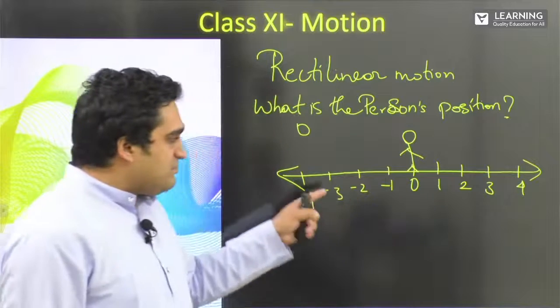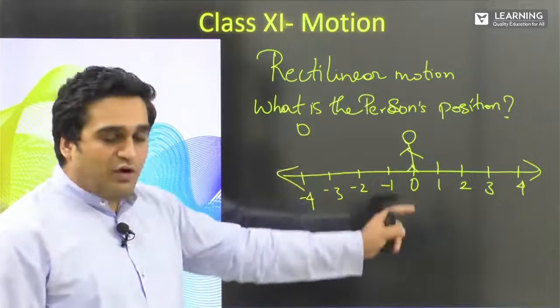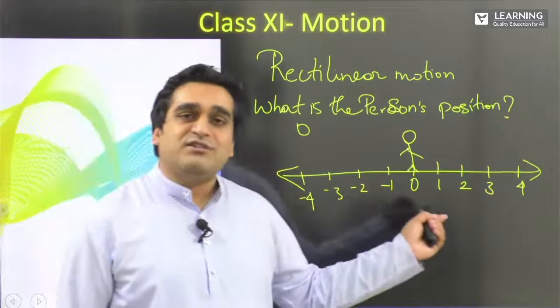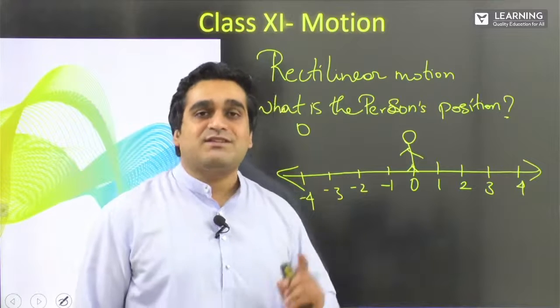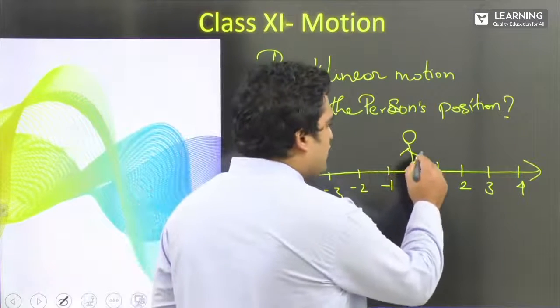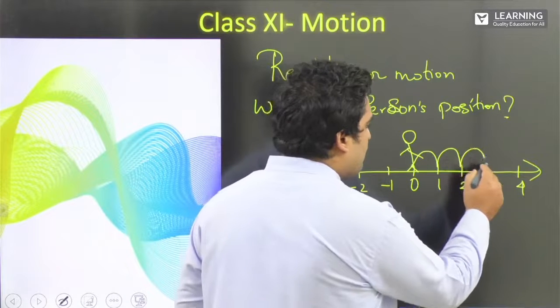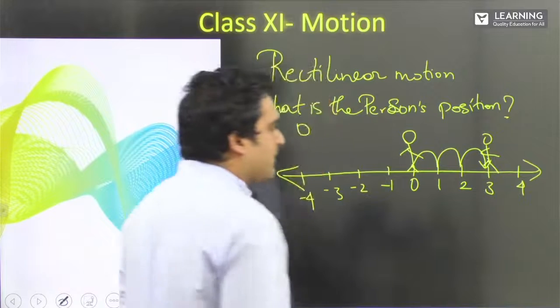Now, if I ask this person, all right, person, take 3 steps forward. Now, when he has to take 3 steps forward, he has to move, which means he has to set himself into motion. So he goes 1, 2, 3. He takes 3 steps forward.